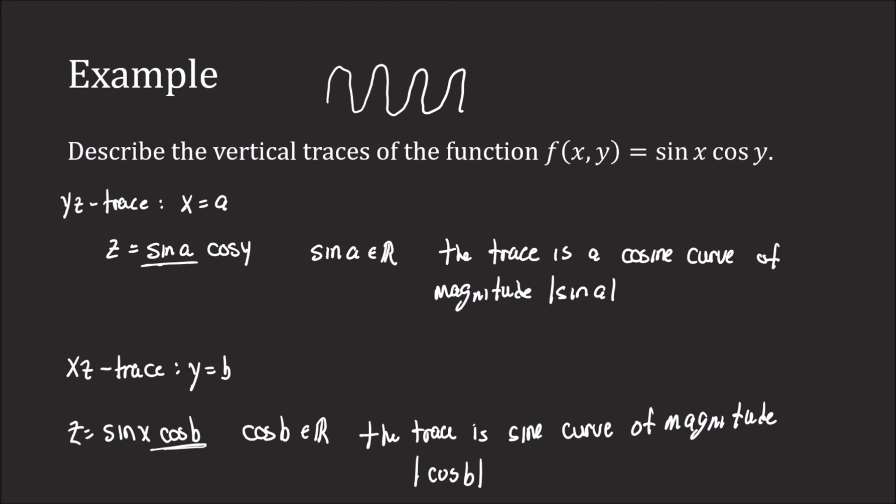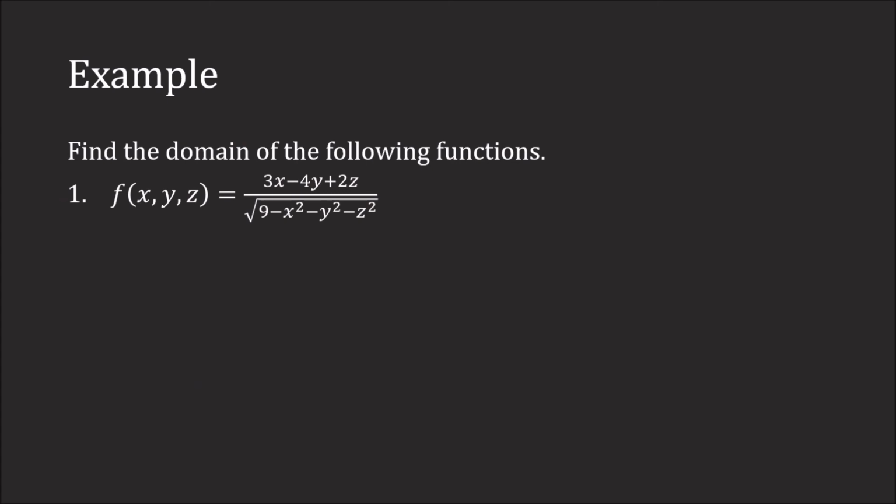So all of these discussions, for the most part, can be extended if we have a function of more than two variables. Specifically for the domain. So find the domain of the following functions. The first one we're going to look at is 3x minus 4y plus z all over the square root of 9 minus x squared minus y squared minus z squared.